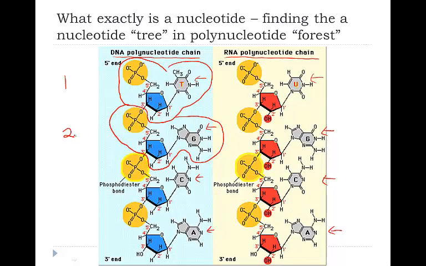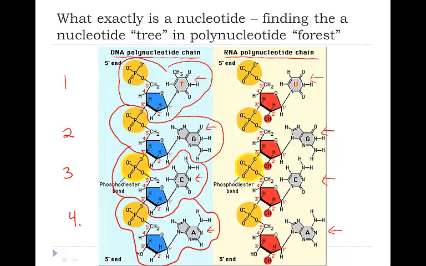That is the second nucleotide. The nitrogenous base cytosine, the deoxyribose sugar, and the phosphate group, that's the third nucleotide in the DNA nucleic acid molecule. And then adenine, nitrogenous base, the 5-carbon sugar, deoxyribose, and the phosphate group. That is the fourth nucleotide in this DNA polynucleotide chain, or the DNA nucleic acid.